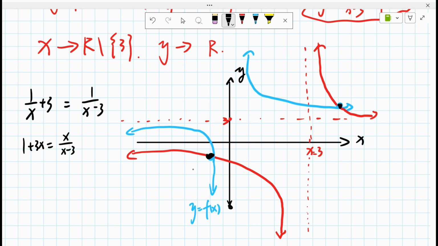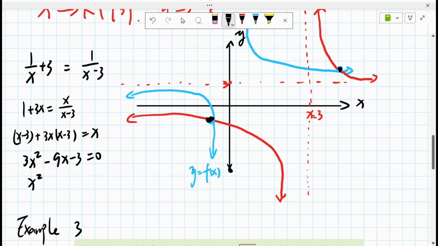Multiply both sides by x minus 3, giving x minus 3 plus 3x times x minus 3 equals x. This turns out to be 3x squared minus 9x minus 3 equals 0. You can use the quadratic formula, or simplify to x squared minus 3x minus 1 equals 0. So x equals 3 plus or minus the square root of 13, over 2. That's your x.